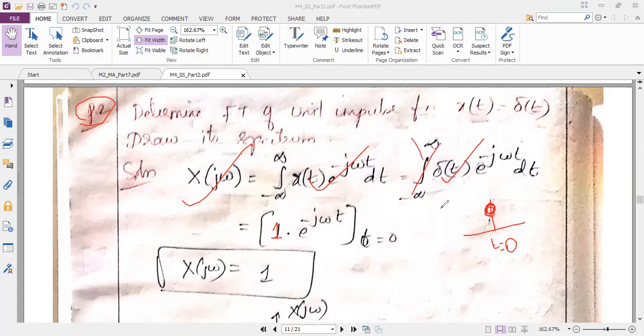The integral will be invalid now. And in e power j omega t, your t becomes 0. So it is 1 into 1, the answer is 1. It is very simple. But you should know to neglect the integration because it has a value only at one point. So integration is not applicable here. So x of j omega is equal to 1.